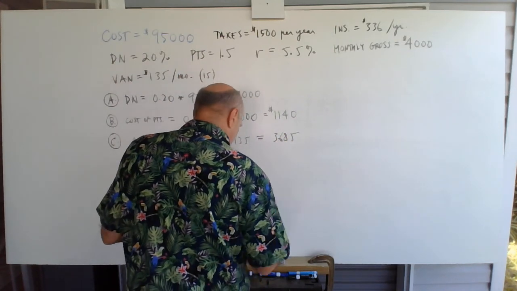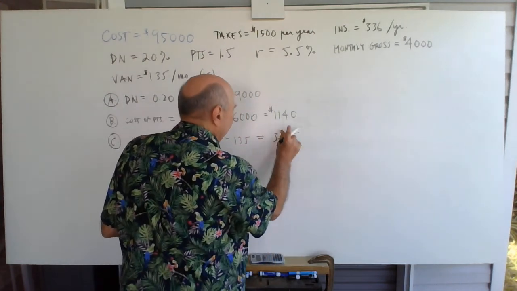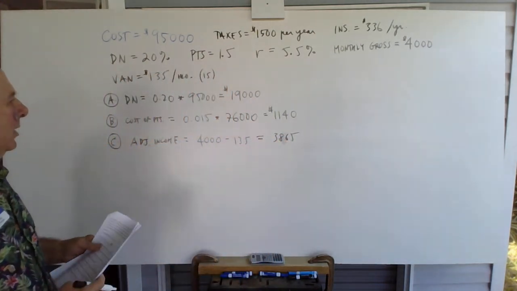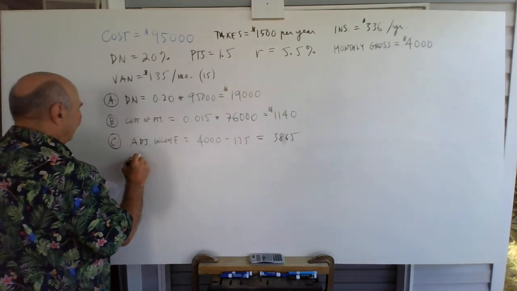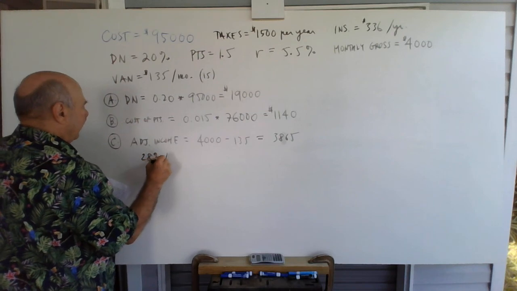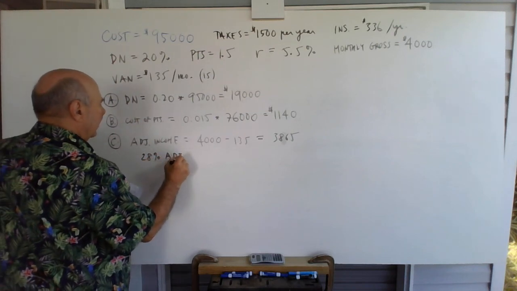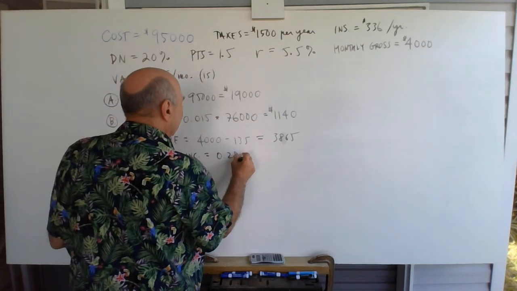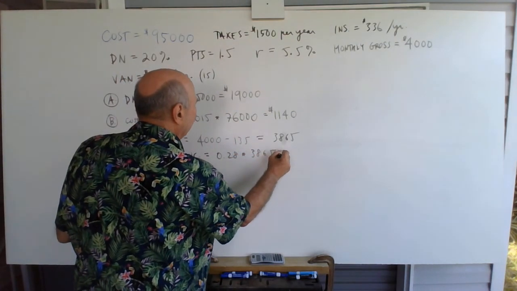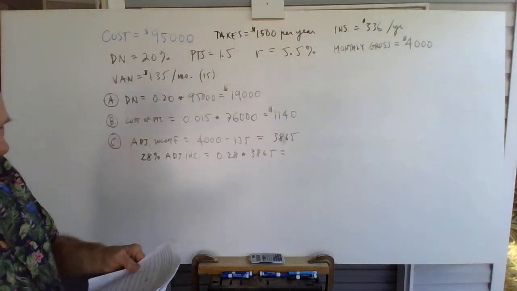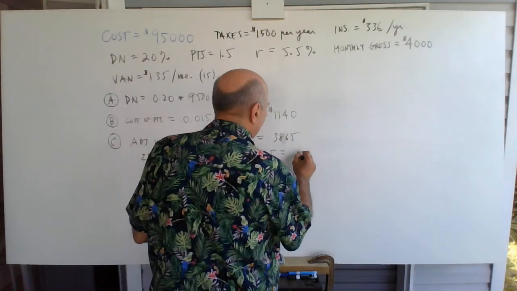Or there I go with my dyslexia. $3,865. So 28% of her adjusted income is 0.28 times 3,865. So that's her maximum limit on her spending for everything.